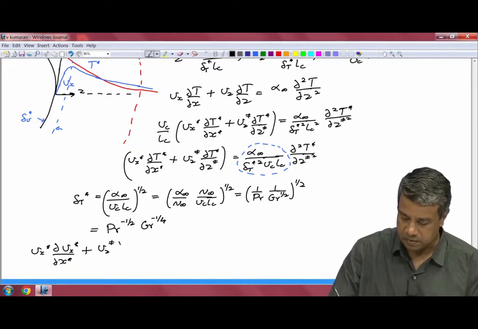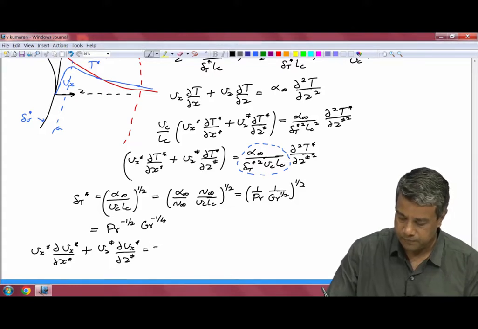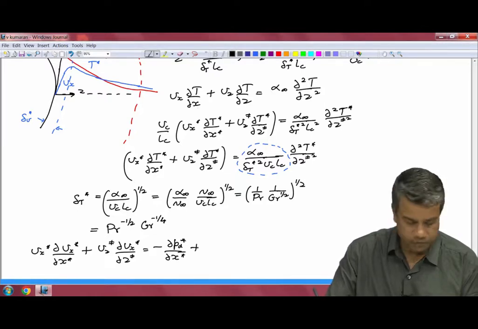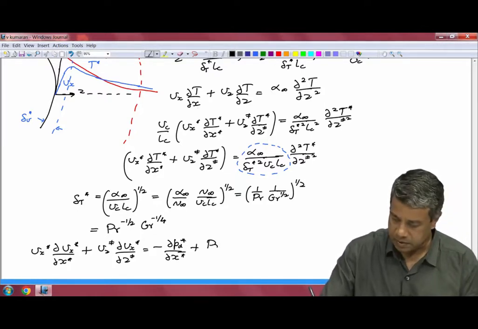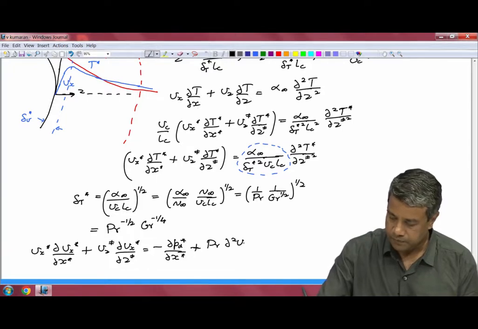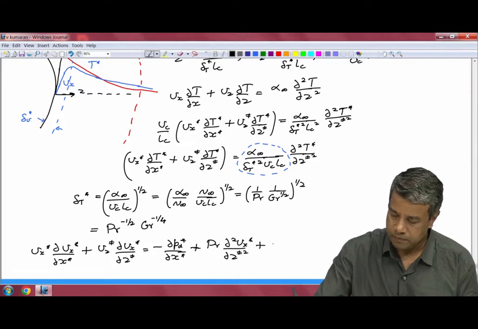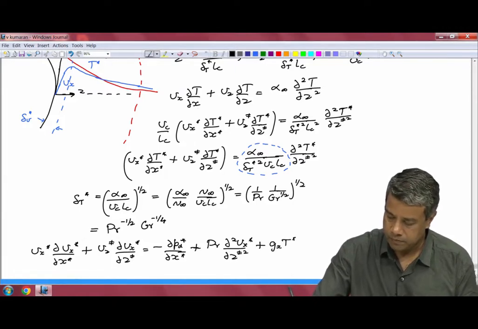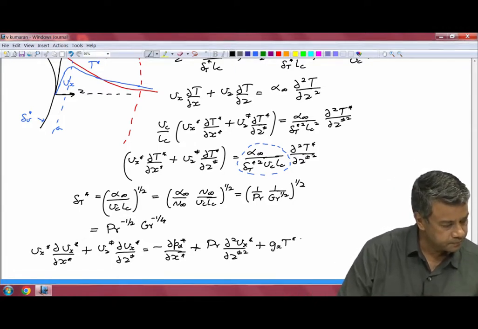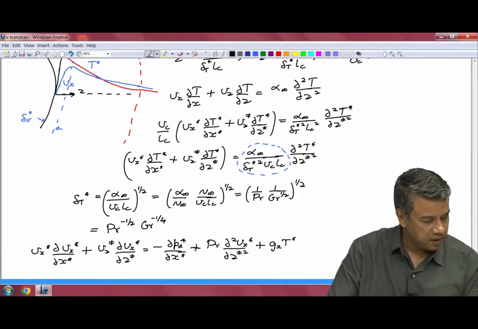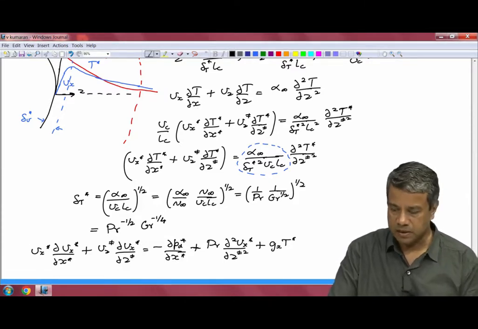Vz double dagger partial Vx plus Prandtl number into... So, this is the momentum conservation equation in the streamwise direction.